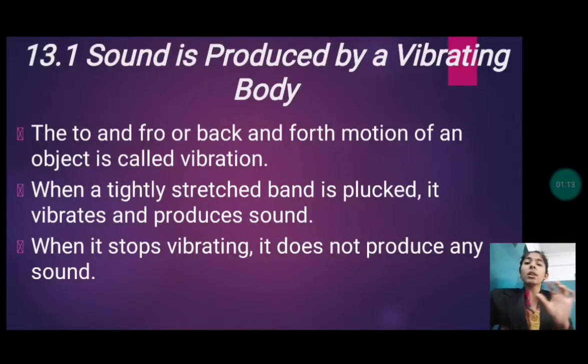So this is the way of motion of any object, and it is called vibration. When a tightly stretched band is plucked, it vibrates and produces sound, and when it stops vibrating, it does not produce any sound.